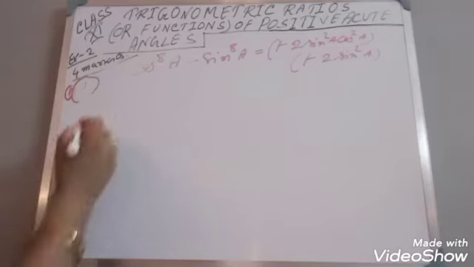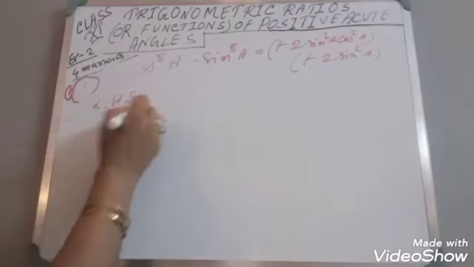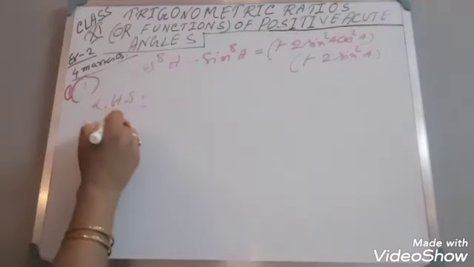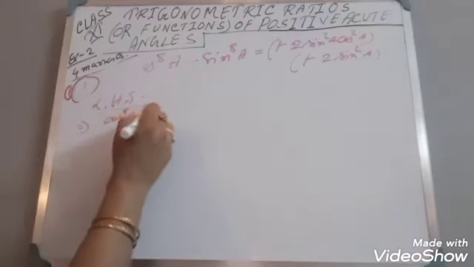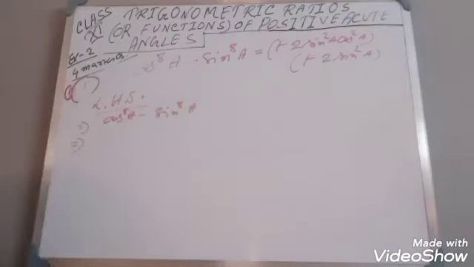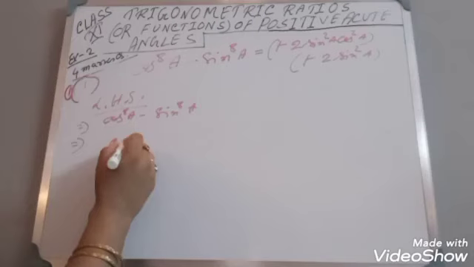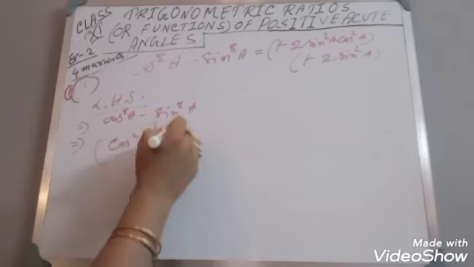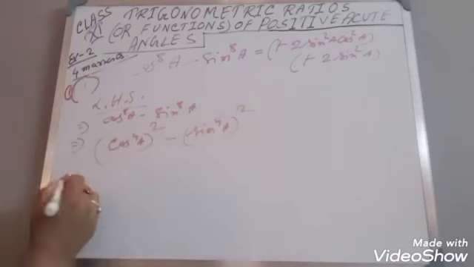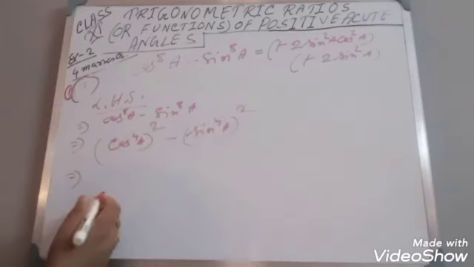Okay, now LHS. Again we'll start from the left hand side. What is the left hand side? Cos to the power 8a minus sin to the power 8a. Okay, which implies, now cos to the power 8a means cos to the power 4a whole square minus sin to the power 4a whole square. Okay, now again a square minus b square form.